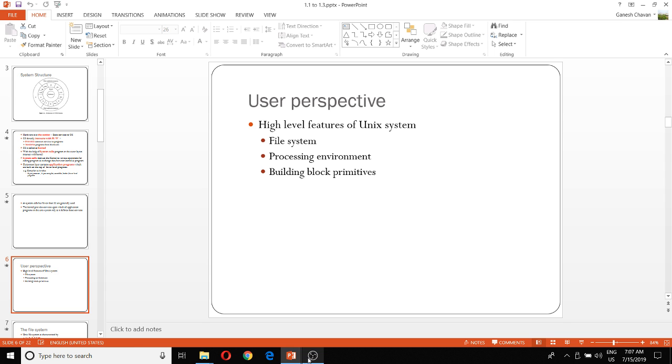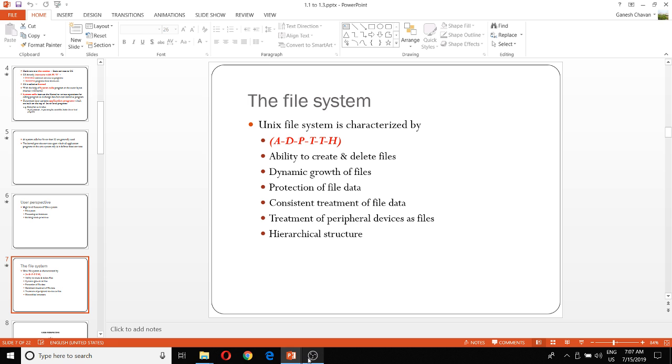User perspective. Now, this point entails high-level features of Unix operating system such as file system, processing environment, building block primitives. The file system of the Unix operating system is characterized by an anagram ADPTTH.